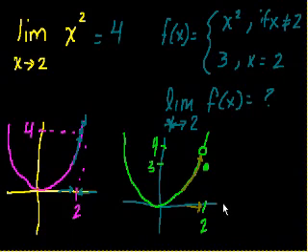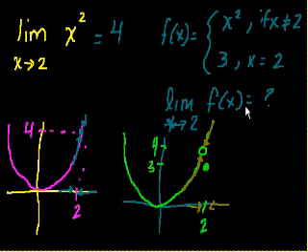Similarly, as you go from the right-hand side, you go along the curve, and f of x is also slowly approaching 4. So as you can see, as we go closer and closer to x equals 2, f of x approaches 4, right?